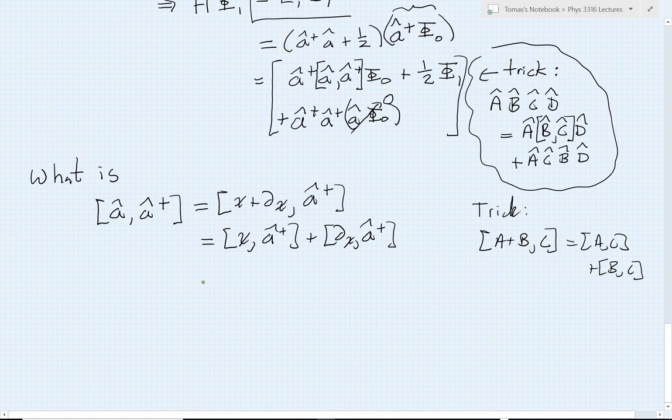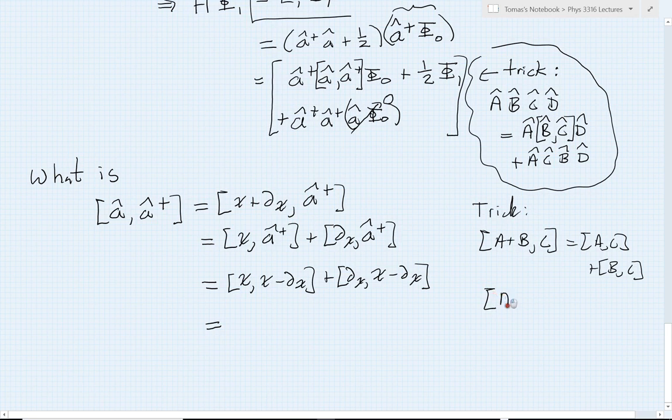And we can do this operation yet again on the other side, right? A hat dagger is x minus d by dx, and for the other bracket, a hat dagger again is x minus d by dx. And once again, I can use this linear property of the commutator. It works just as well on the other side.